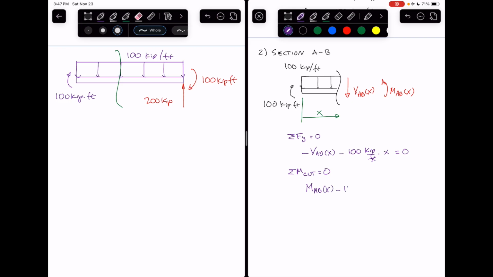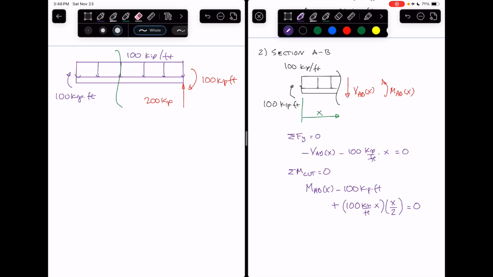We have minus 100 kip foot from the external couple, and we don't forget that we have plus the force from the distributed load here, which is 100 kip per foot times x, with x now being in feet, ensuring that we have kips, and the centroid of that region, which would be x divided by 2, and that would be the distance to the cut. The whole thing is equal to 0.